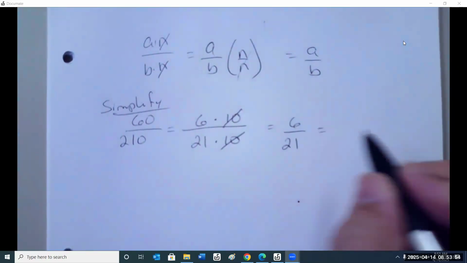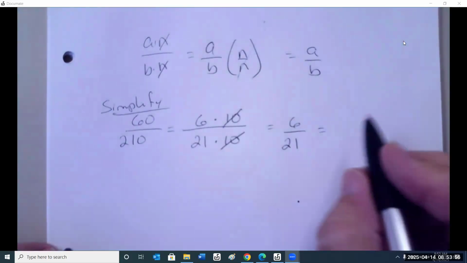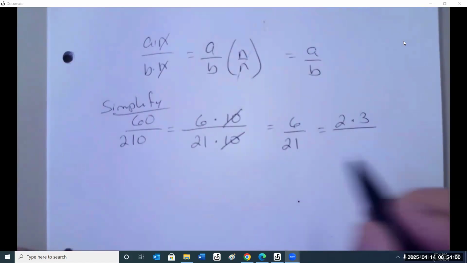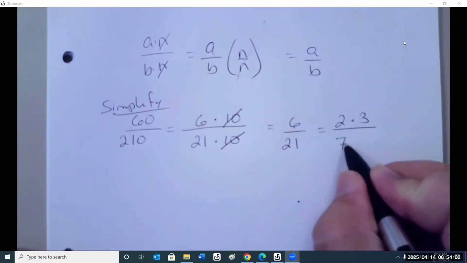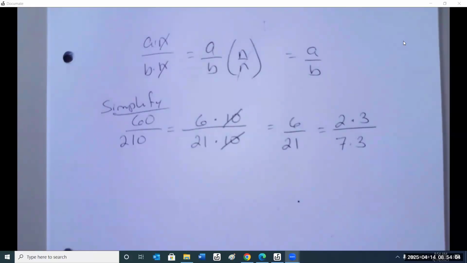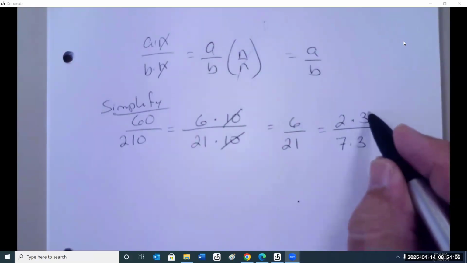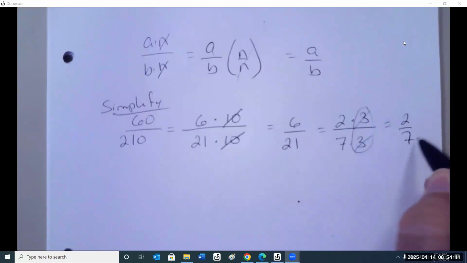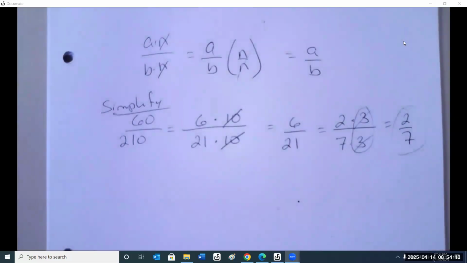Now we're at 6 over 21. What is 6 made up of? 2 times 3. What's 21 made up of? 7 times 3. They both have a 3 in common, so they disappear. So our simplest form is 2/7.